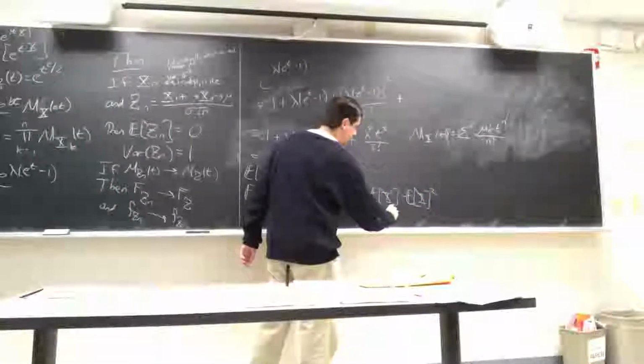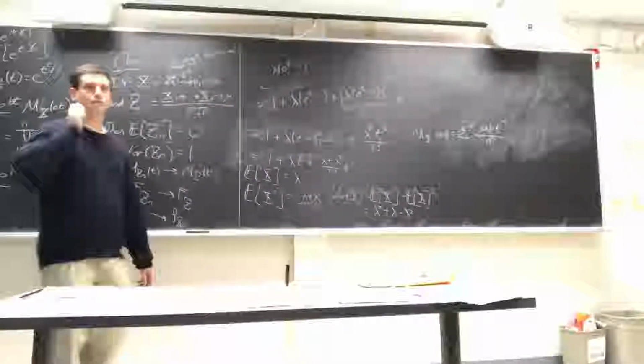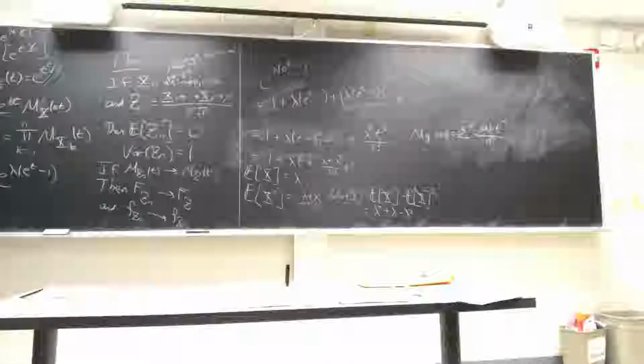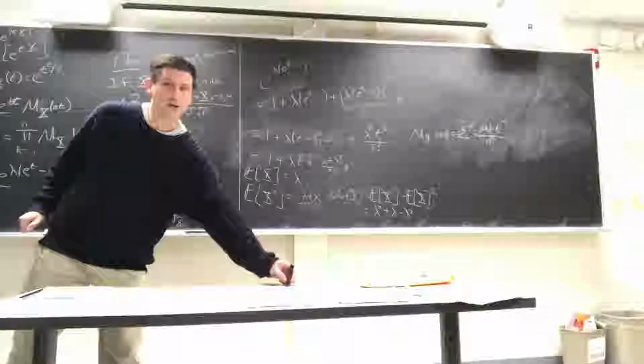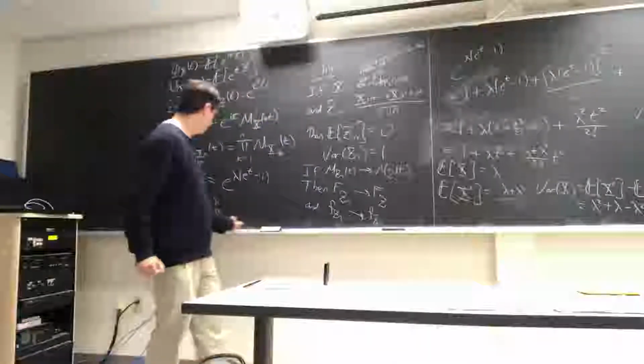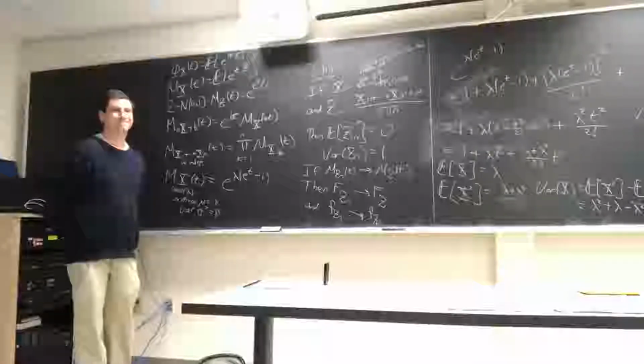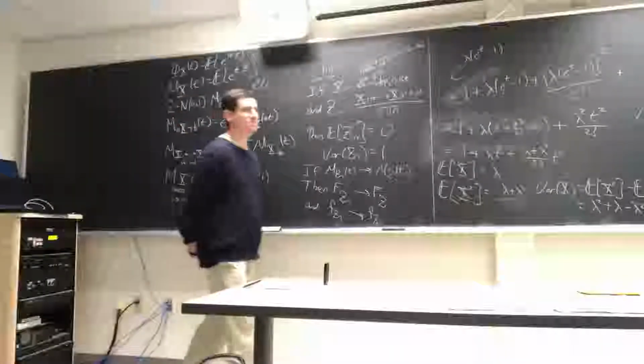So I'd get lambda squared plus lambda minus lambda squared. So actually I think I had the wrong answer over here. I think that for the Poisson, the variance is not lambda squared, but the variance is actually lambda. So that was a mistake.